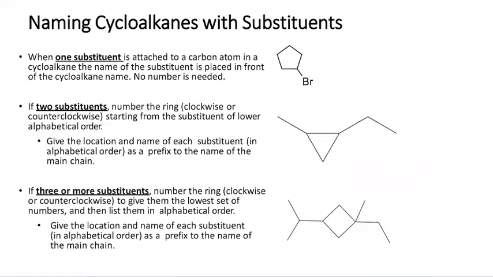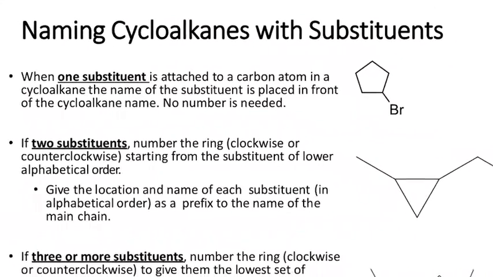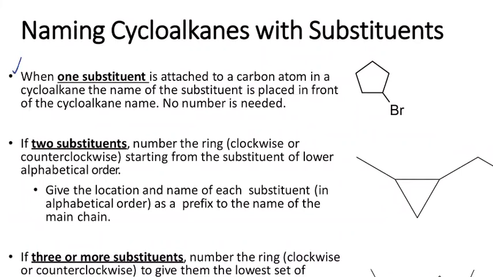So let's now learn how to name cyclic alkanes, okay, depending on the number of substituents that they have. Starting with, what if we have a cyclic alkane with 1 substituent? If we have a cyclic alkane with 1 substituent, what you guys need to do is name the substituent, and you use that as a prefix of the cycloalkane name, okay?